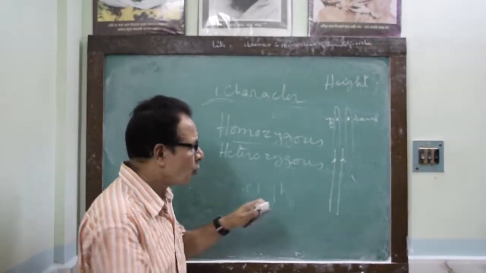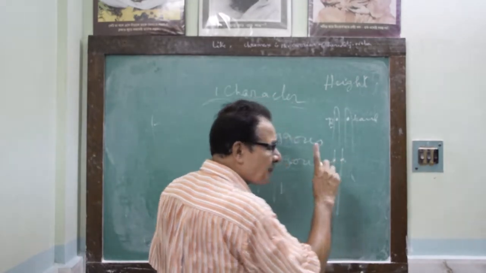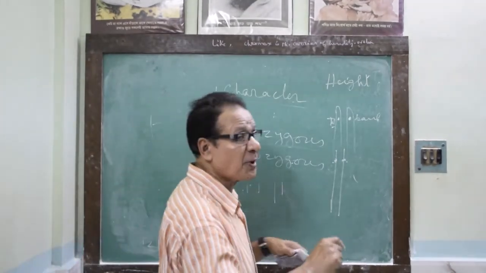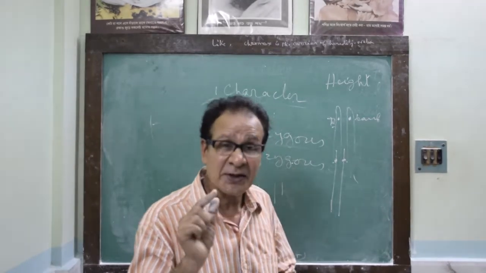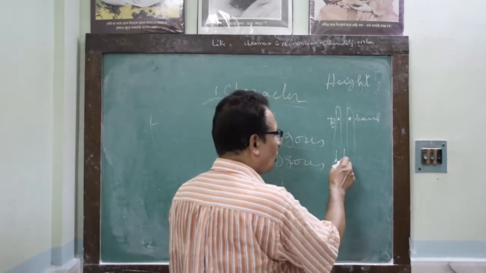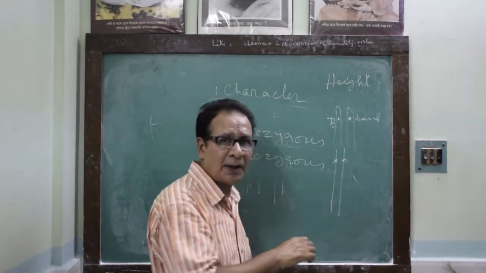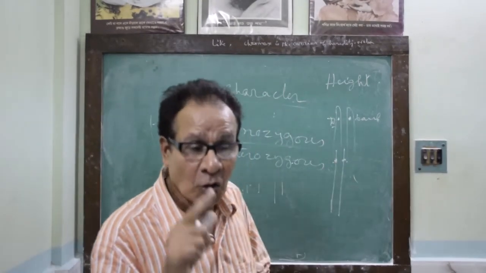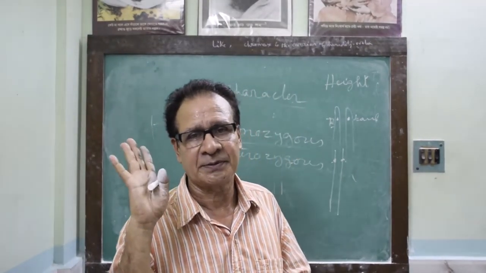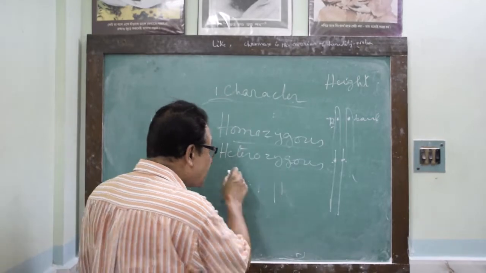So we can say a pair of allelic genes responsible for a character bearing the similar trait. That is, here the tall, here the tall, here the dwarf, here the dwarf. Then this character or the organism for that character is regarded as homozygous.